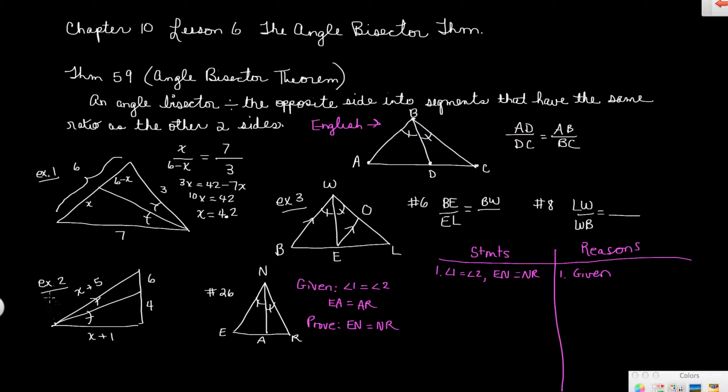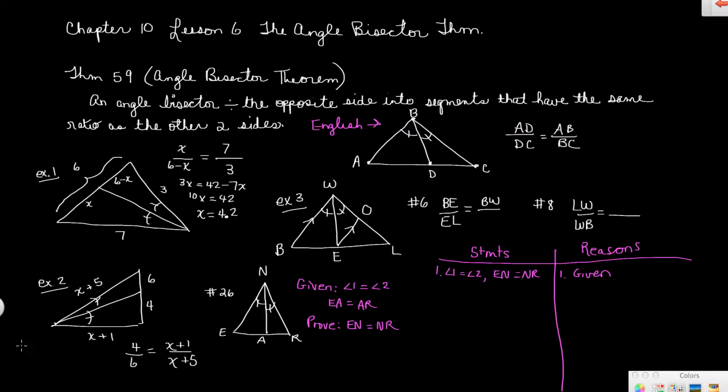Anyway, let's go down here to example 2. Same thing. So you just set up your proportion. So it's going to be 4 over 6, like that, equals, the 4 goes with this one, so it'd be x plus 1 over x plus 5. Cross multiply.